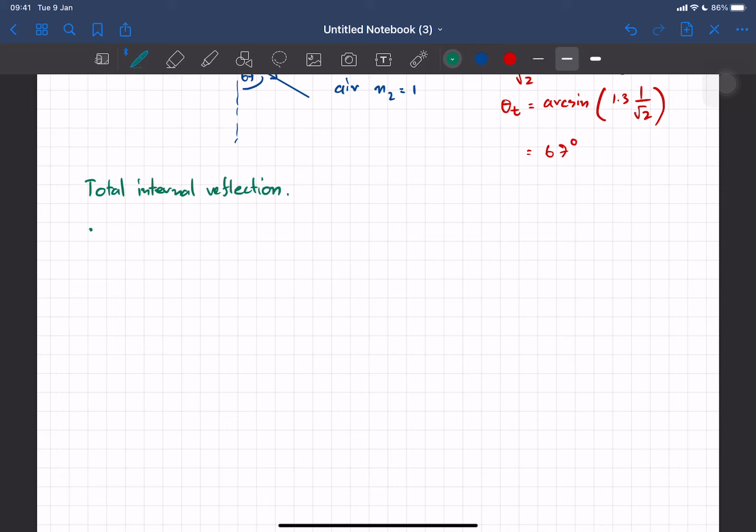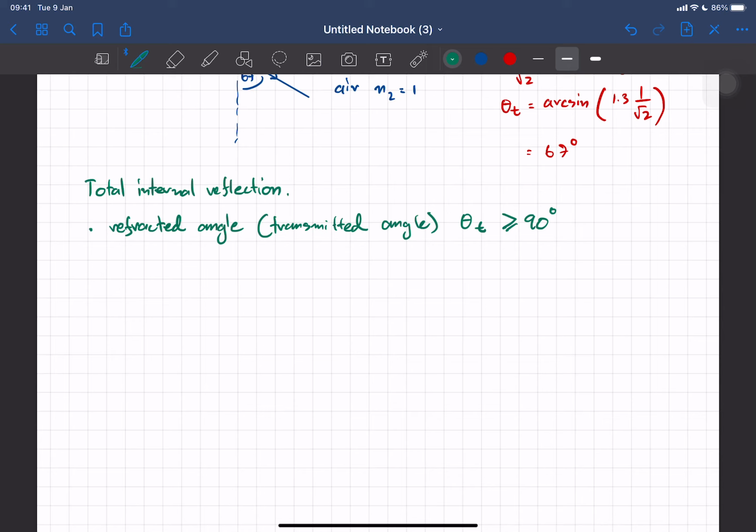So this happens when the refracted angle or transmitted angle theta t is larger or equal to 90 degrees from calculation, from Snell's law.